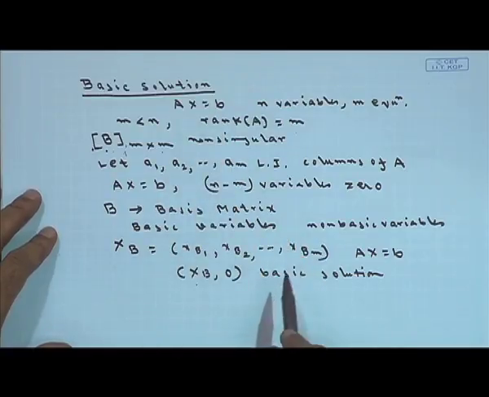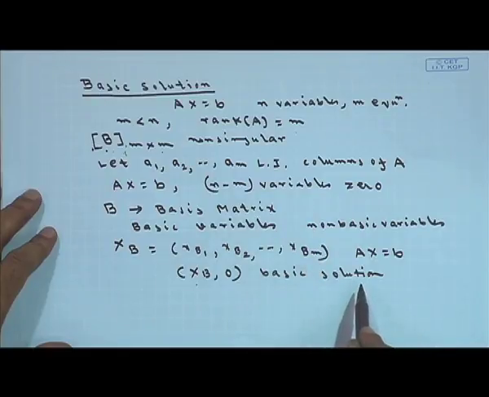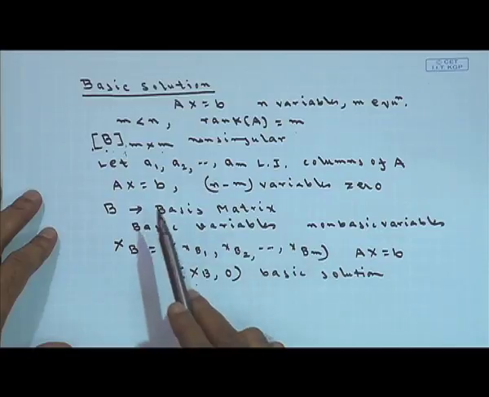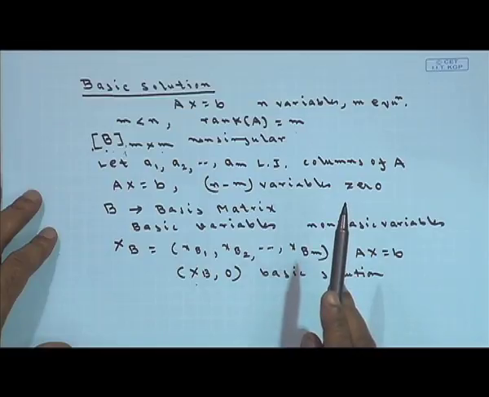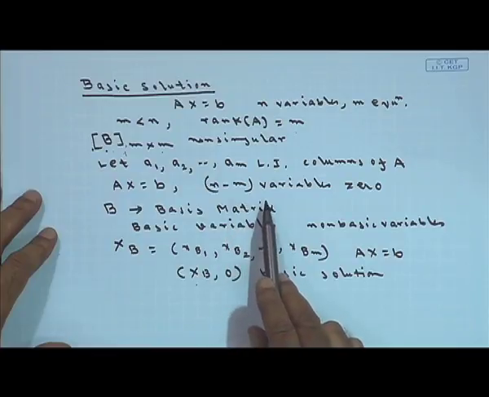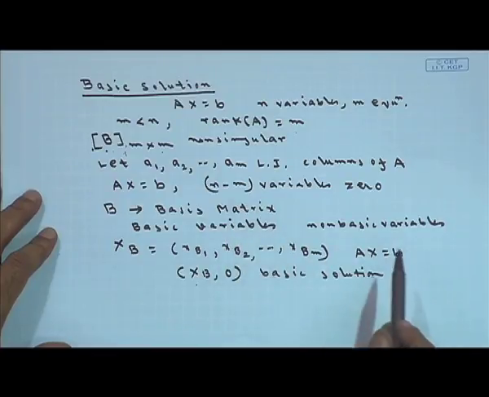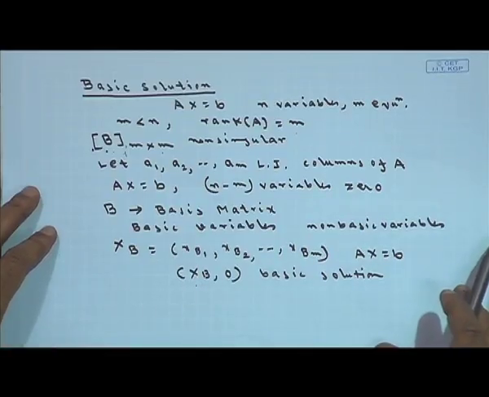I am not saying that this is the only solution; I am saying this is a basic solution. How do we obtain it? We take m linearly independent columns and form a matrix B. The variables attached to these columns are the basic variables, and all other n minus m variables are non-basic, and xB comma 0 is the basic solution.